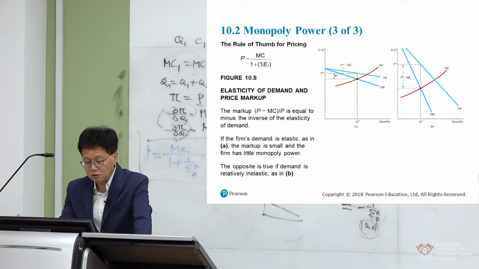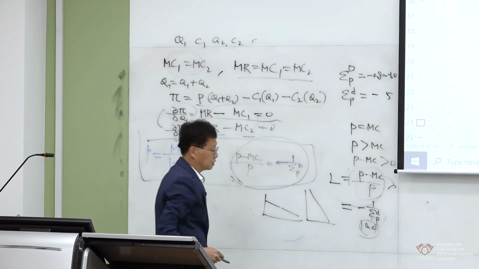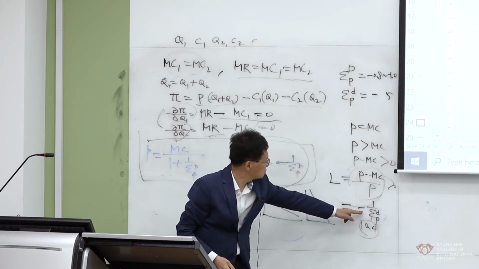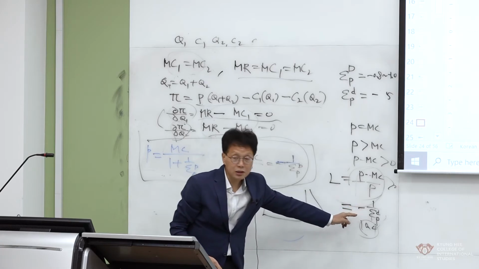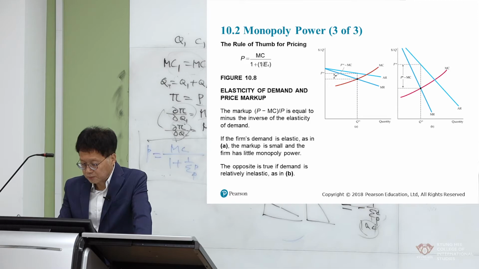The opposite is true if demand is relatively inelastic. With an inelastic demand curve shaped like this, the markup is large. So no problem understanding this.